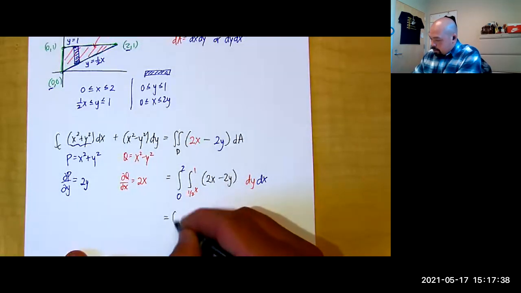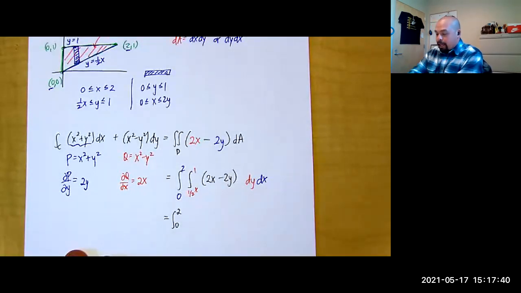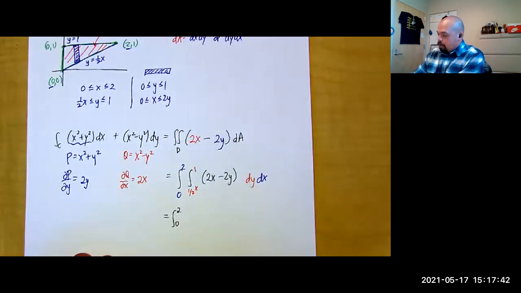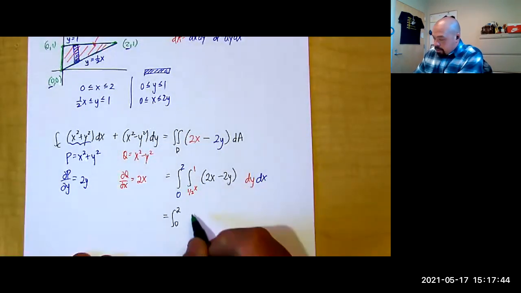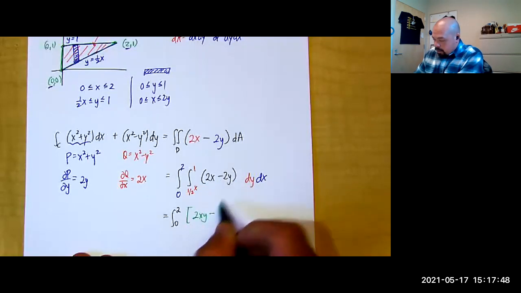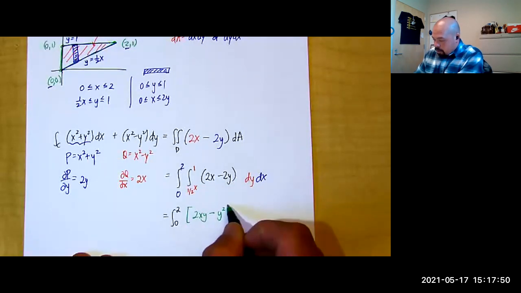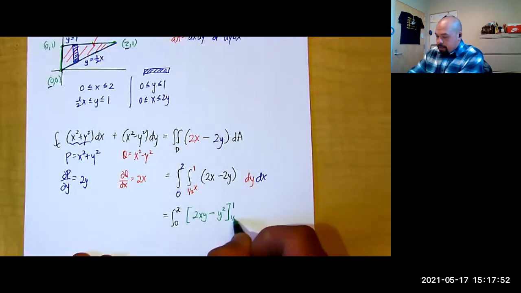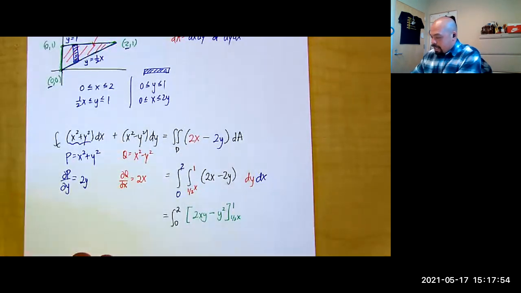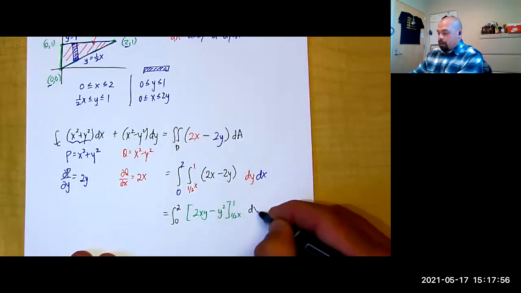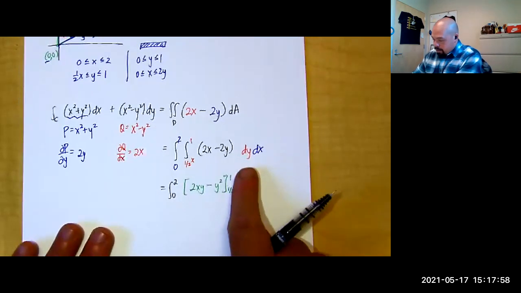Not too terrible. 0 to 2, integrating with respect to y here. Let's do it in green. 2xy minus y squared from 1/2 x to 1. We still have that dy hanging on, or that dx, pardon me, hanging on. We did our dy integral first.